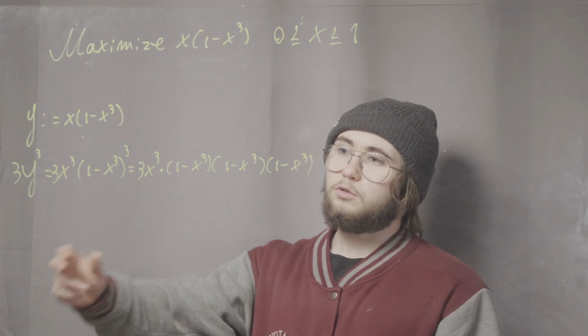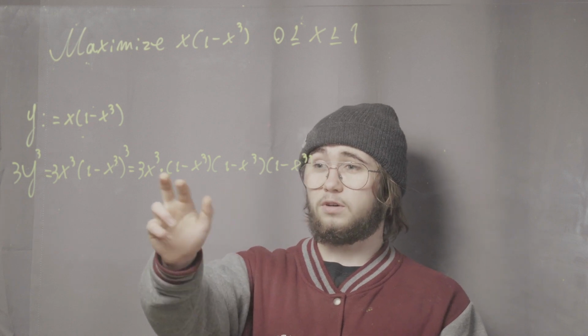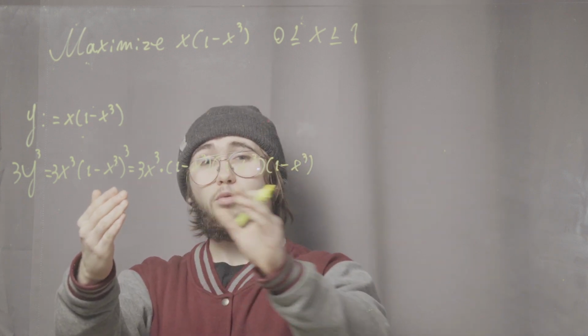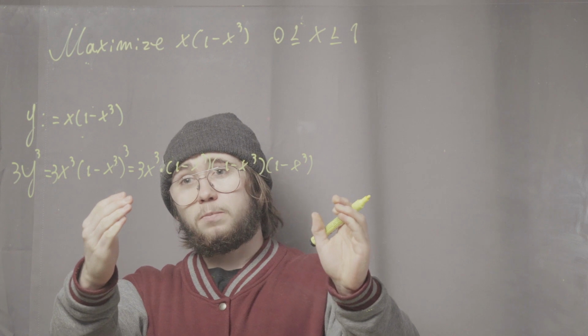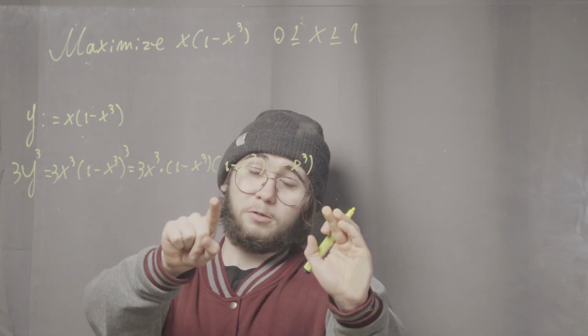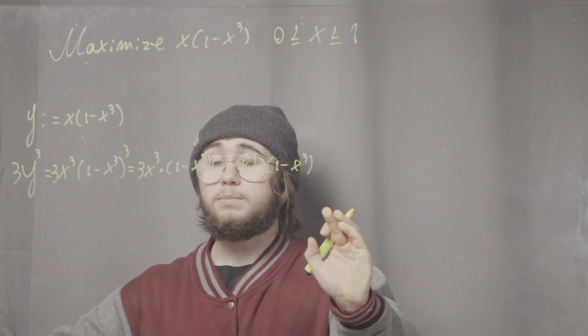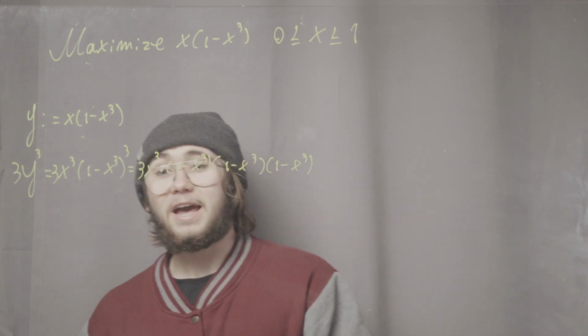And so now, if I were to add those four numbers, here this is one number, this is the second number, third, and the fourth number. Now, if I were to add them up together, those 3x cubes would cancel out with those negative 3x cubes, and so I would just get 3. Lovely, because now I can use the AMGM inequality.